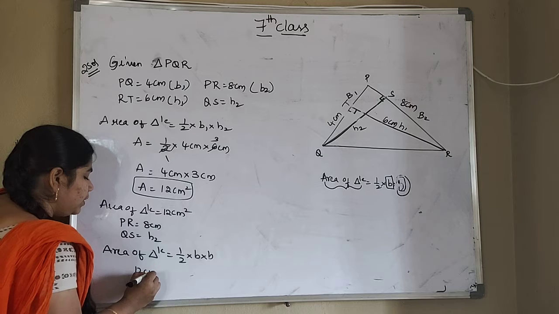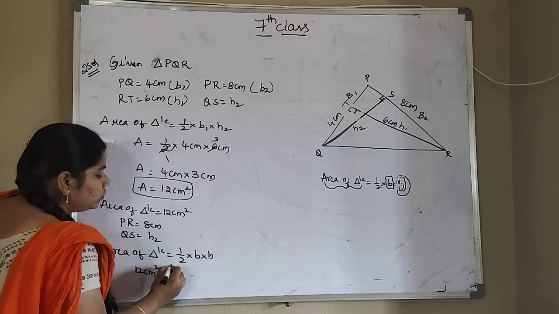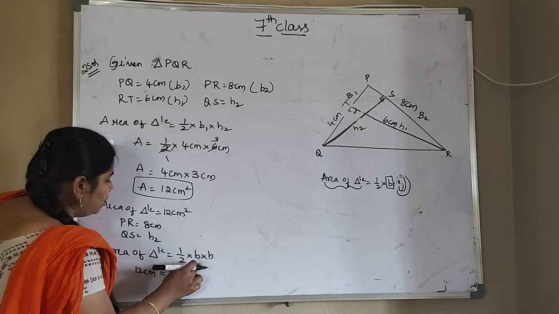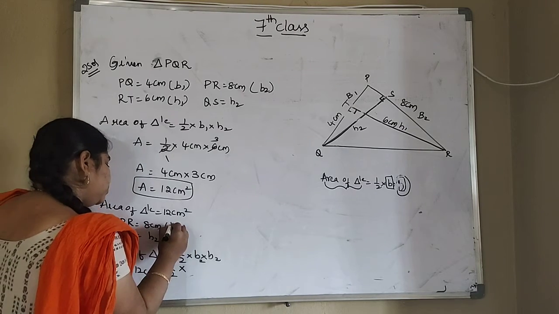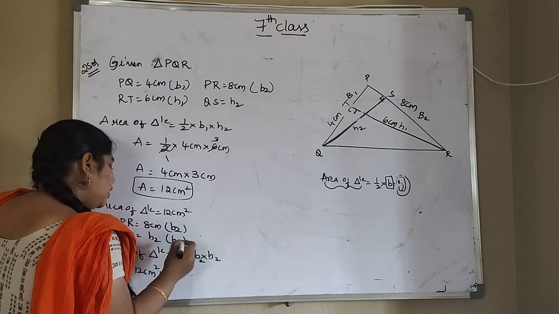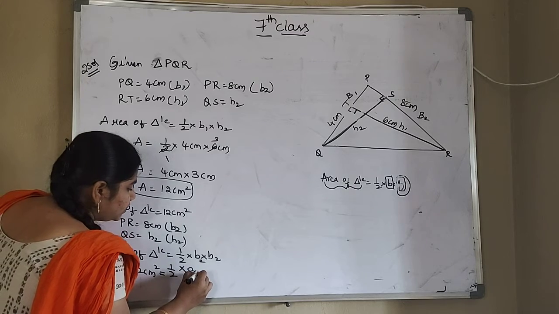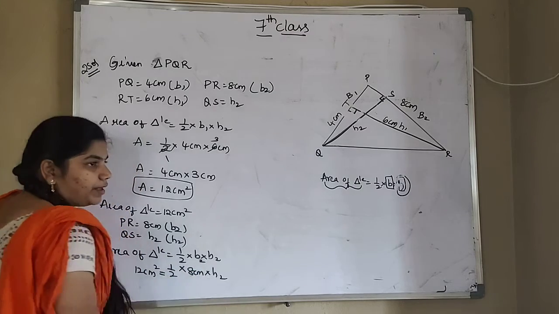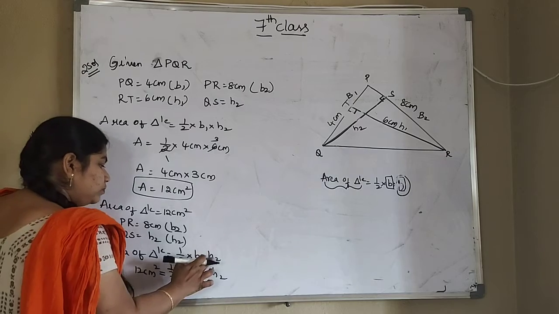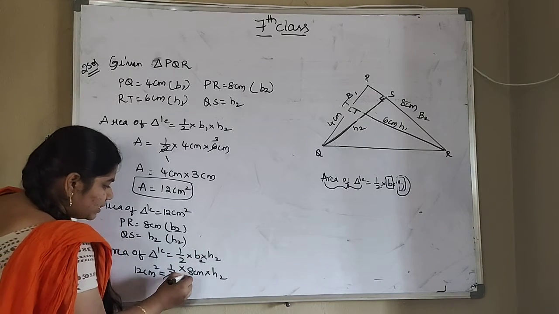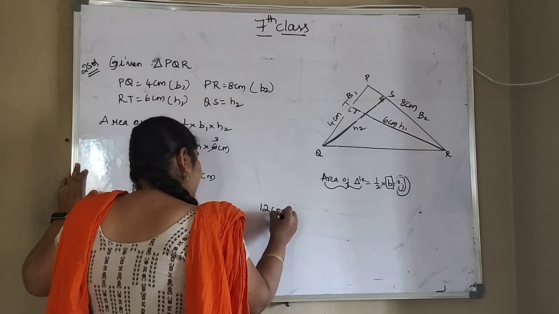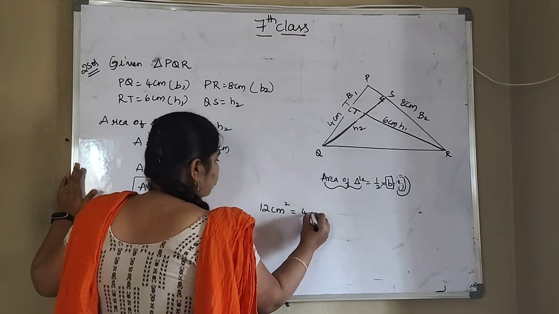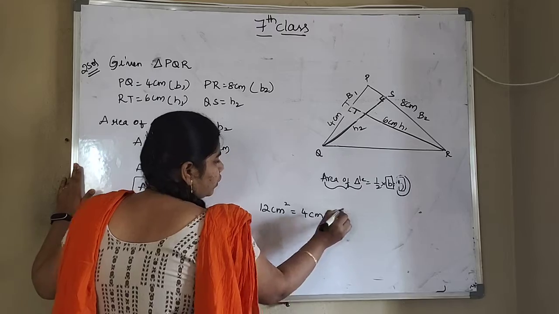That is 12 centimeters square is equal to half, a constant value, base 2 and height 2. Base 2 is how much? Base 2 is 8 centimeters and H2 we have to find. Now 2 1s are 2, 2 4s are 8. So how much did you get now? 12 centimeters square is equal to 4 centimeters into H2.